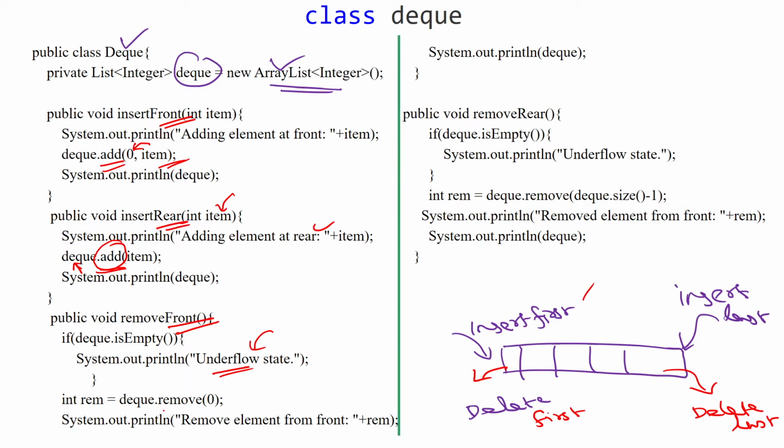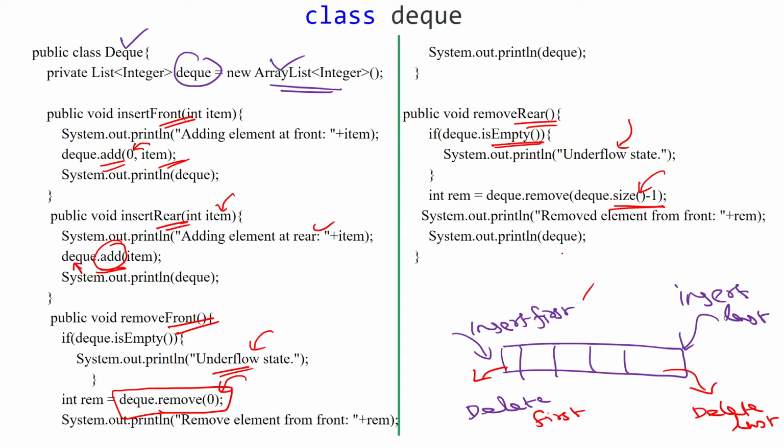If it is not empty, we can remove the element available at the 0th index. That is removing the element from front. And removing the element from rear, again we check whether the queue is empty or not. Otherwise we can delete the element at size of the queue minus 1. Size means number of elements in the queue, so size minus 1, right?